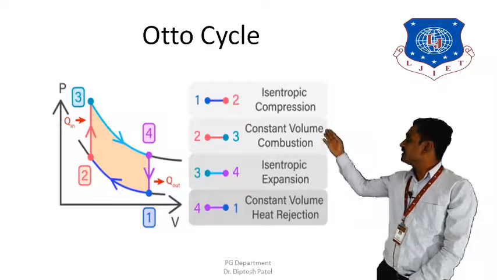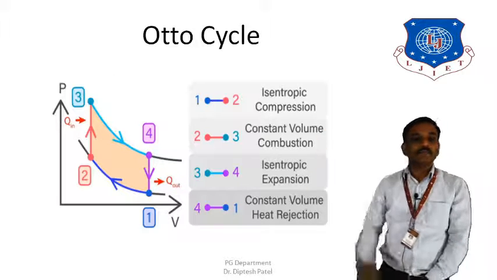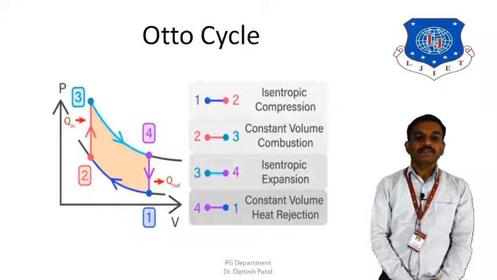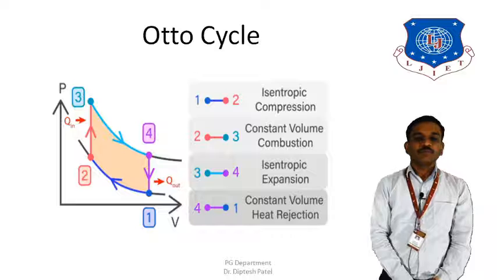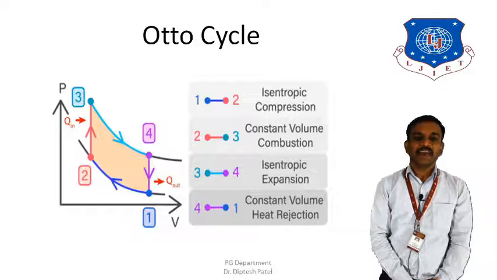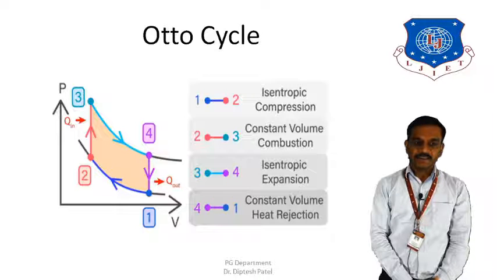Now as you can see over the cycle of the Otto, let's begin with the process 1 to 2. 1 to 2 is an isentropic compression process in which the fresh charge of mixture of air and fuel is compressed with the help of the piston. Due to that, the pressure increases.